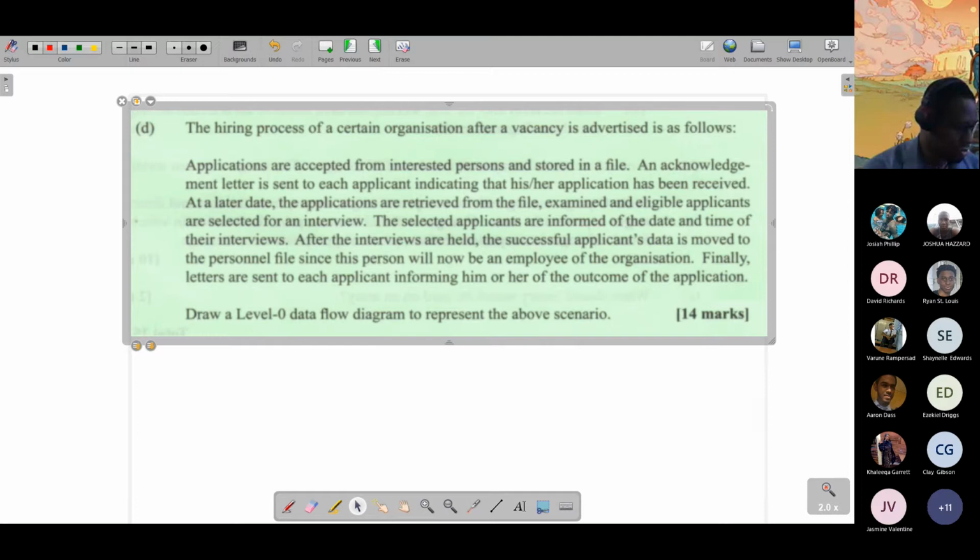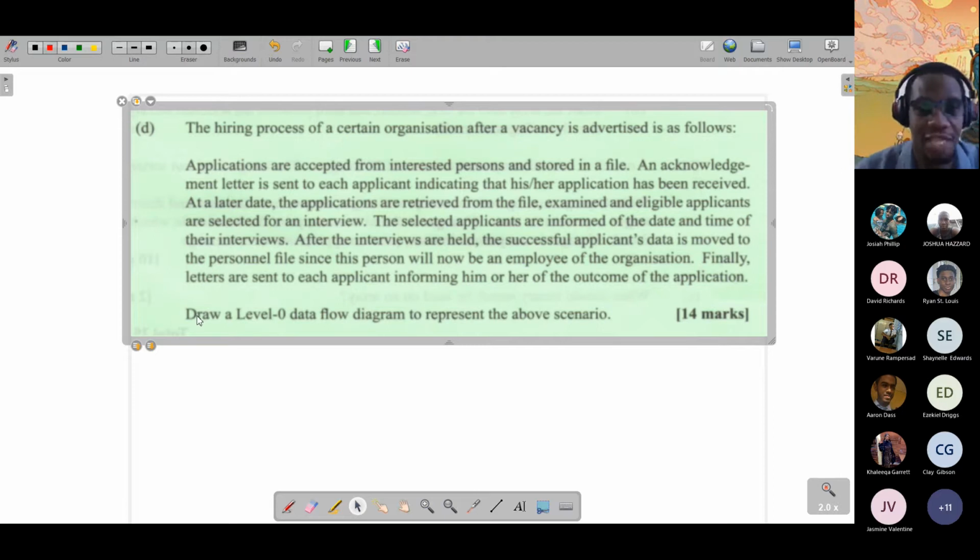The selected applicants are informed of the date and time of the interviews. After the interviews are held, the successful applicant's data is moved to the personnel file, since this person will now be an employee of the organization. Finally, letters are sent to each applicant informing him or her of the outcome of the application. Draw a level 0 data flow diagram to represent the scenario.